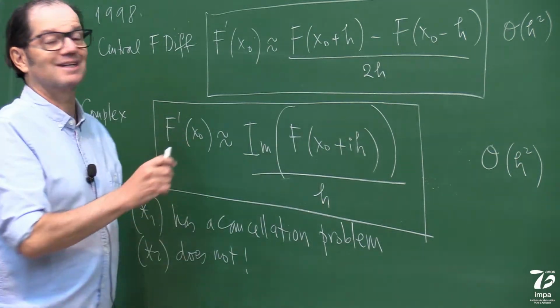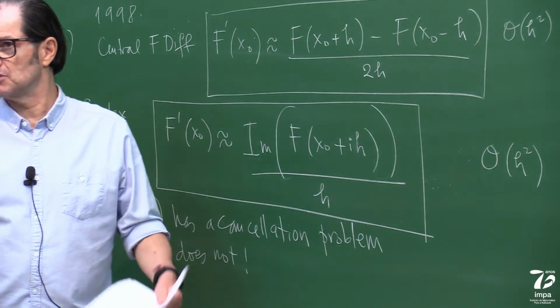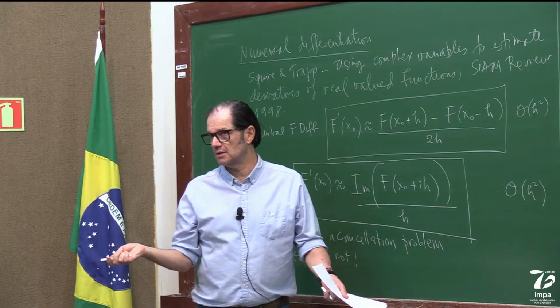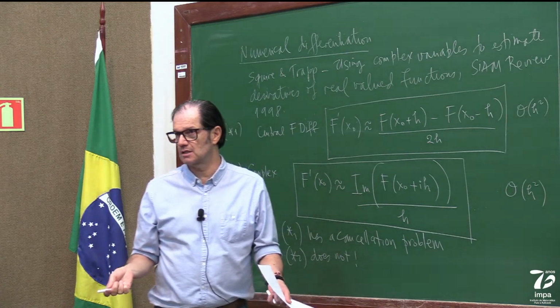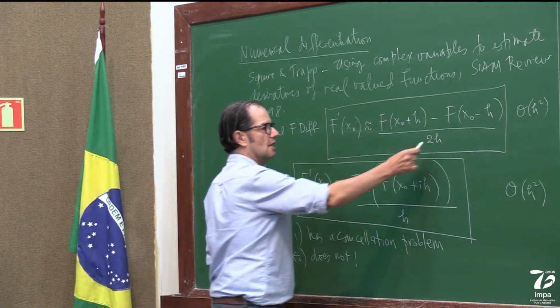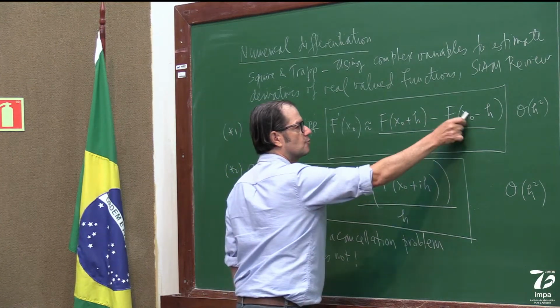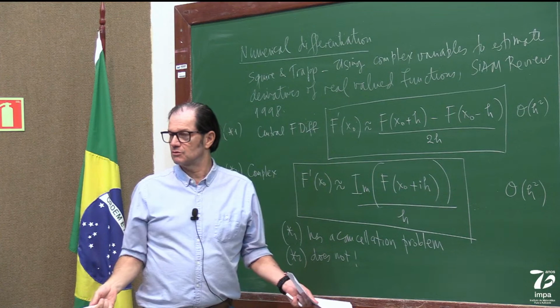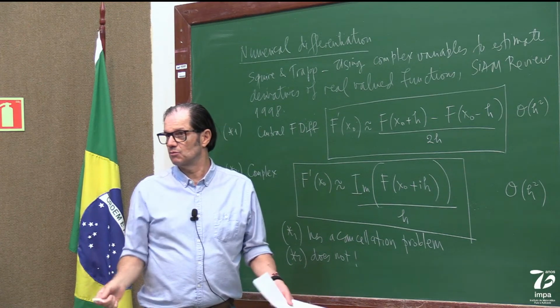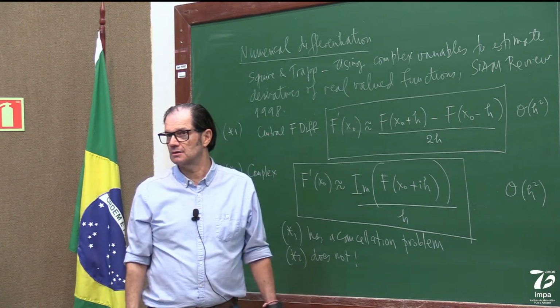So here, the cancellation problem, this is one thing that I mentioned to you before, right? We cannot take the limit on the computer as we do in mathematics. As h goes to 0, this guy approaches this guy, and this goes to 0, and we know through calculus that that's one of the ways of writing the derivative.